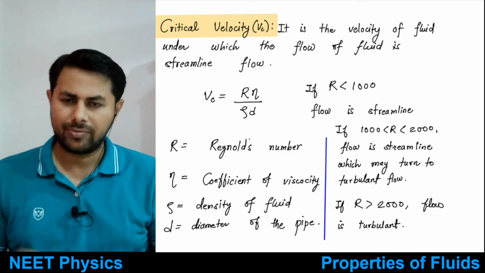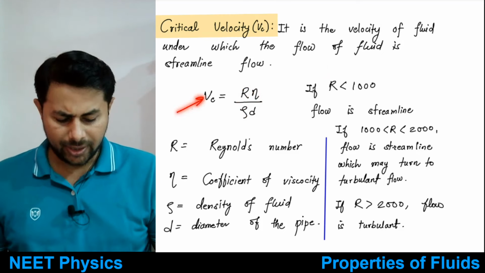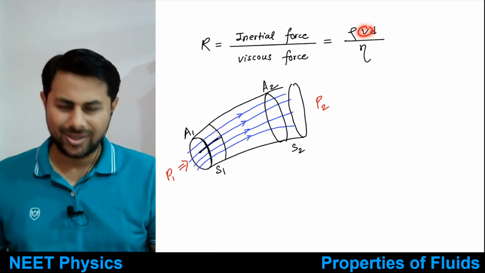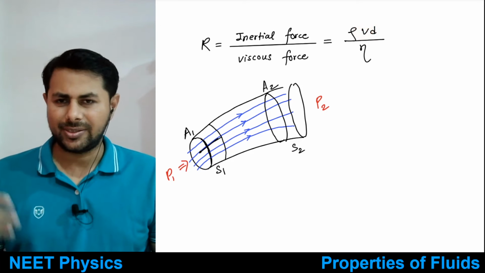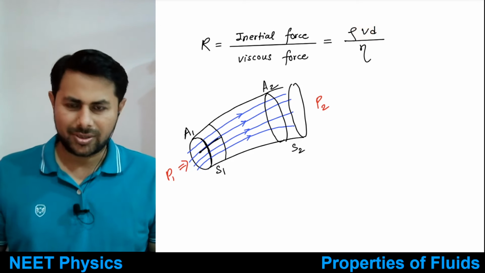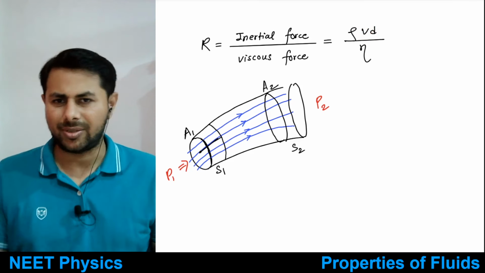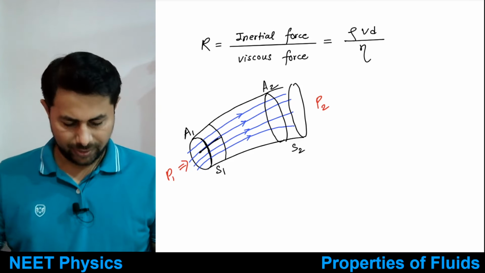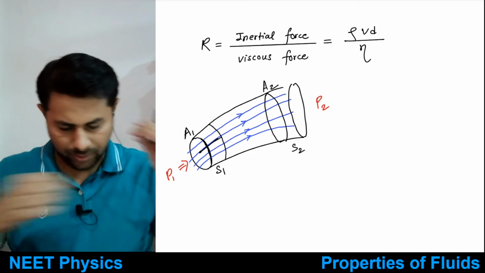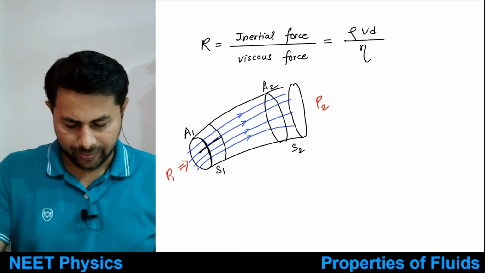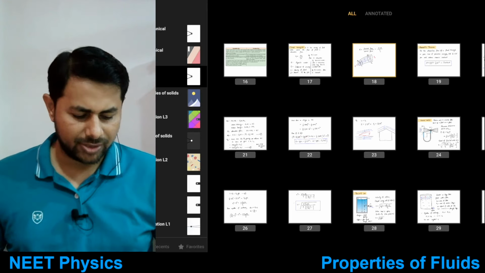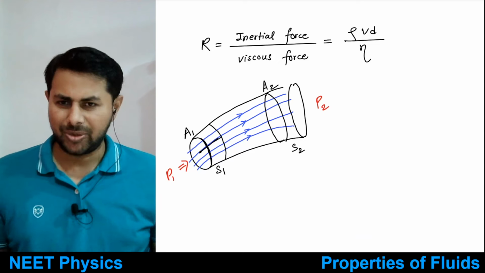Or there might be a question where, for this much velocity, you determine if the flow is streamlined, turbulent, or a streamlined flow which might turn turbulent. This thing is clear? All right, so this is the Reynolds number. There haven't been many questions based upon this, but there can be, we don't know, right?